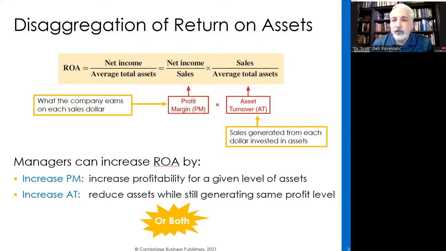We have sales in the numerator and average total assets in the denominator. So we define those both, so if we increase the profit margin, we increase profitability for a given level of assets, and if we increase the asset turnover, we reduce assets while still generating the same profit level. That's how we both affect return on assets.